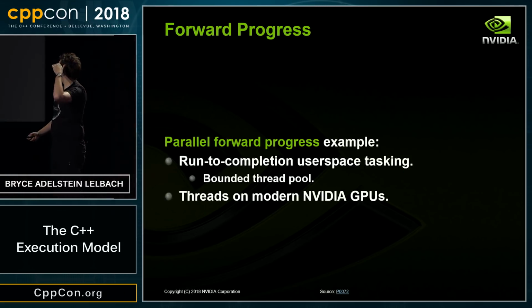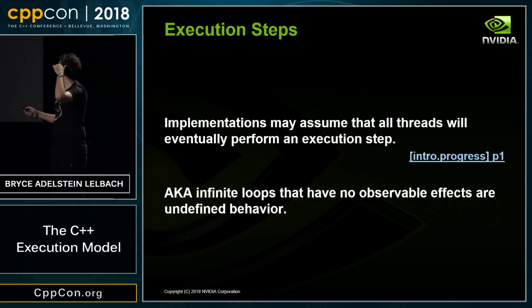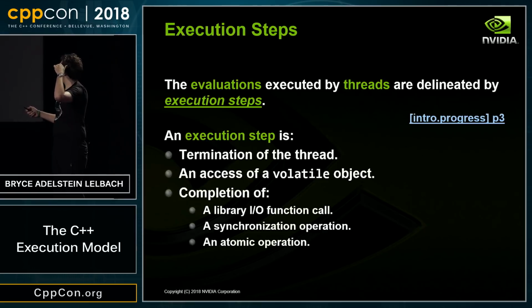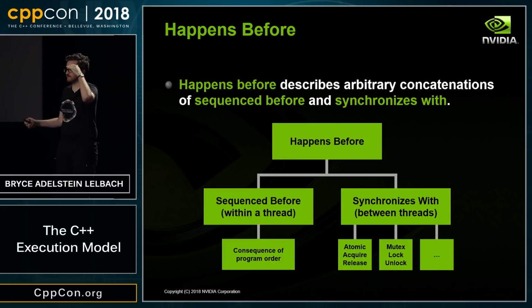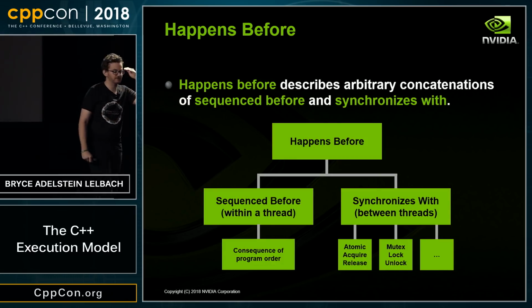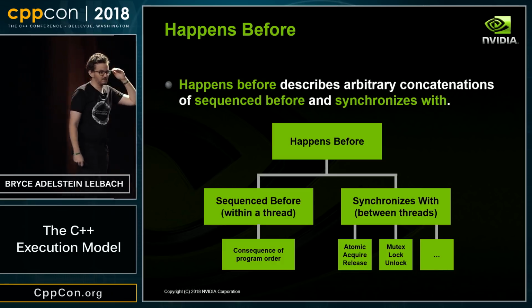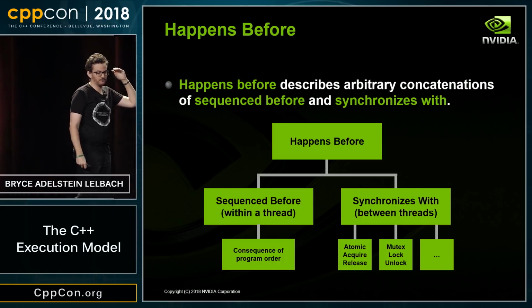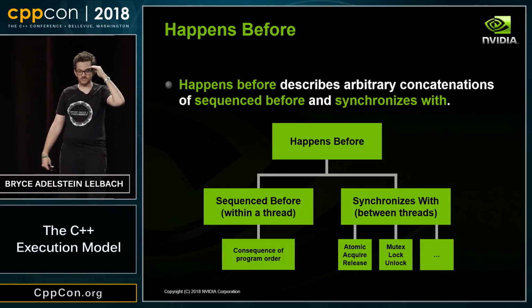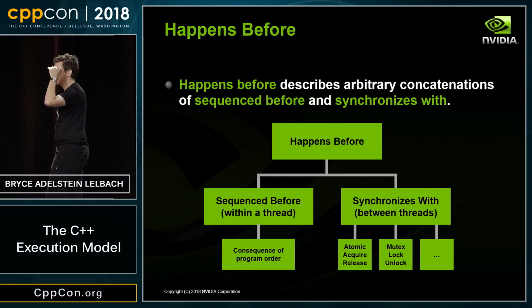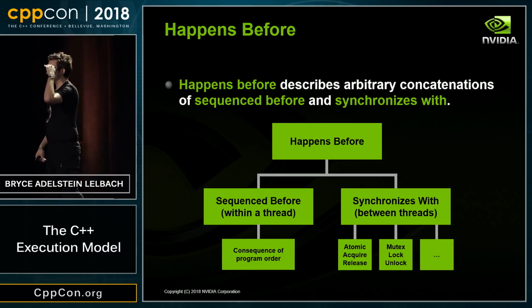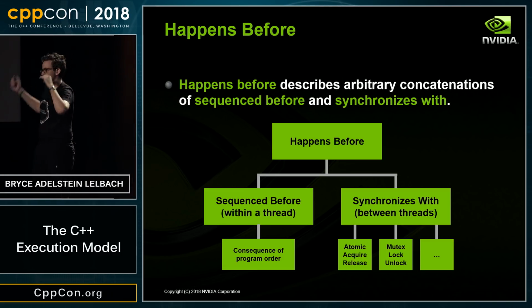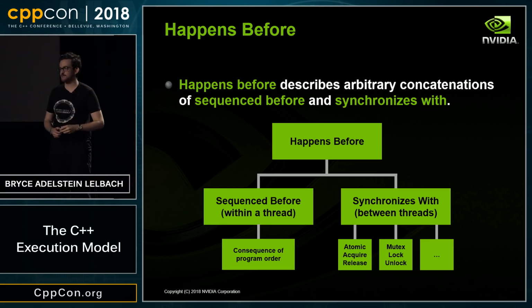Well, the reason is that this chart is pretty straightforward and fits on a slide. And when you have to deal with memory_order_consume, there's another relation, strongly happens before, that fits in here, and it gets more complicated, but explaining this to you without memory_order_consume gives you the basic idea.